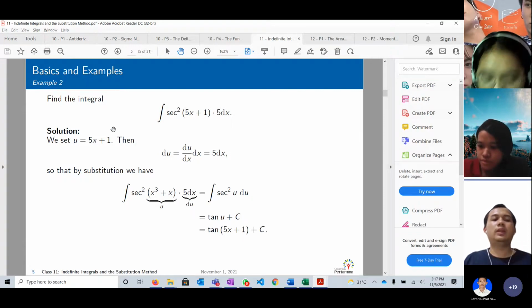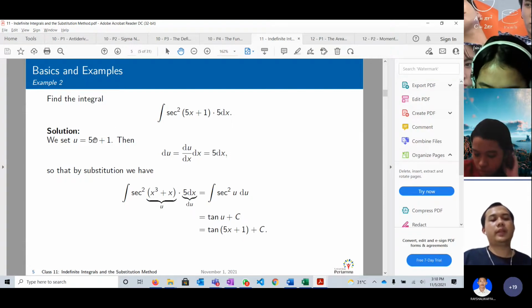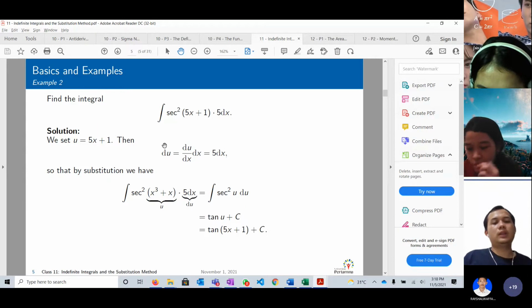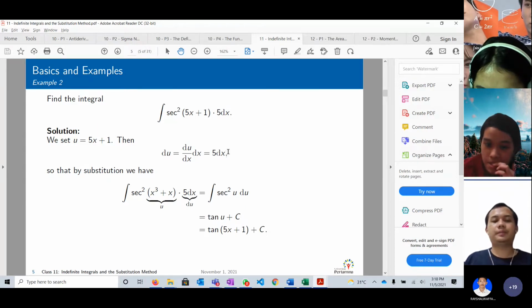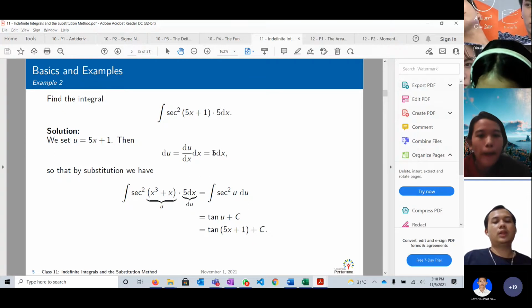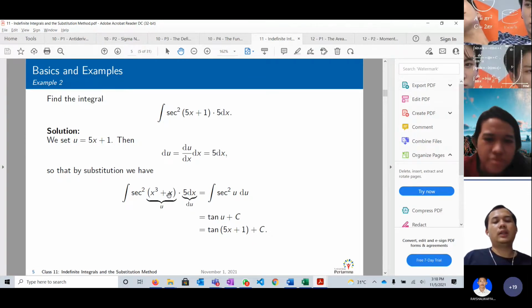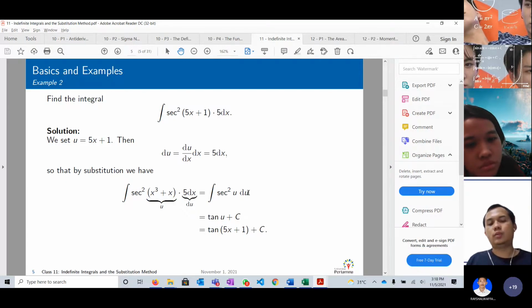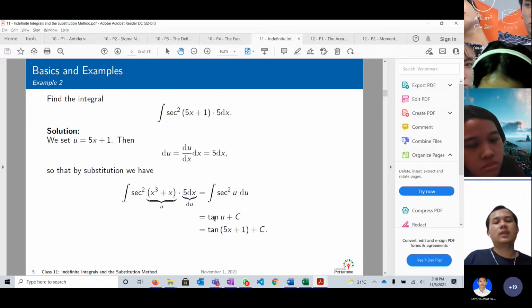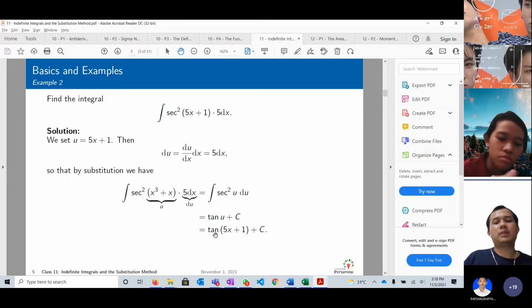For this one we set u equals 5x plus 1, so du is 5 dx. Now the integration becomes the integral of secant squared of u with respect to u. We know that the integral of secant squared is tangent, so the integral is tangent u plus c, and it becomes tangent of 5x plus 1 plus c.